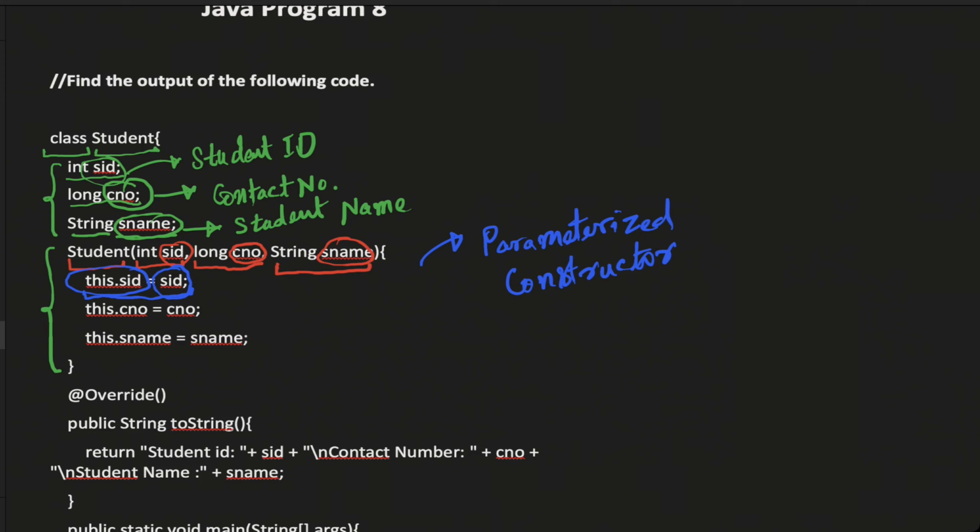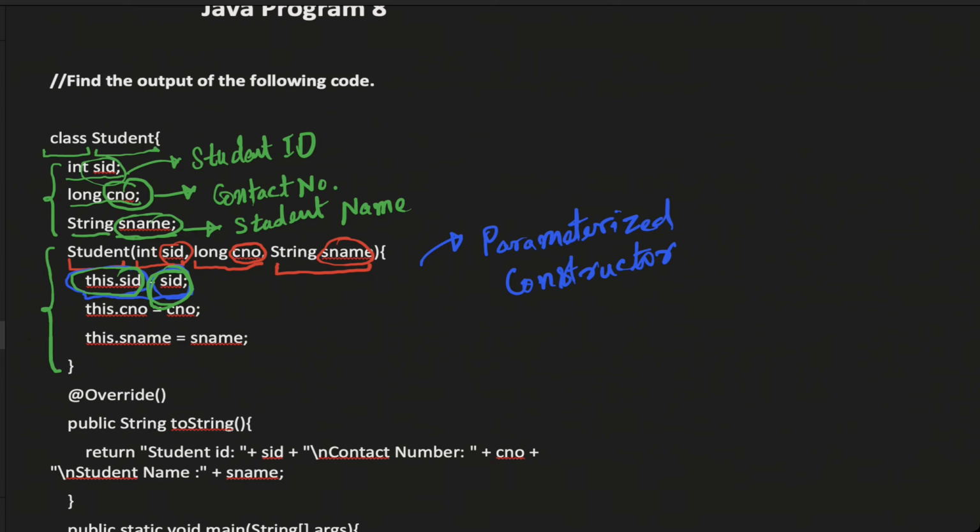Here this.SID refers to the SID instance variable of the current object, the object which is being constructed, while SID refers to the SID parameter passed to the constructor. By using this.SID, we are assigning the value of the SID parameter to the SID instance variable of the current object.